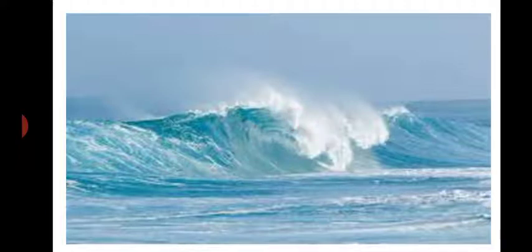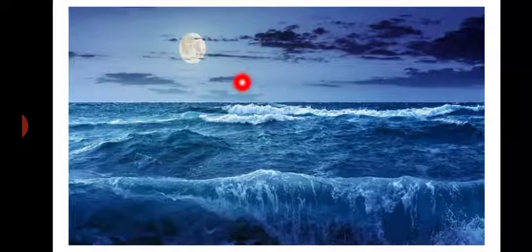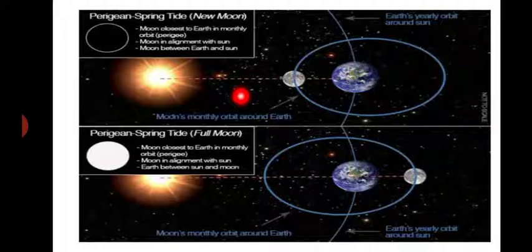So during the high tides, it is the gravitational force exerted by the moon and sun on the earth. During the spring tide, the moon is closest to the earth in its monthly orbit, and the moon is in alignment with the sun, with the moon between earth and sun.